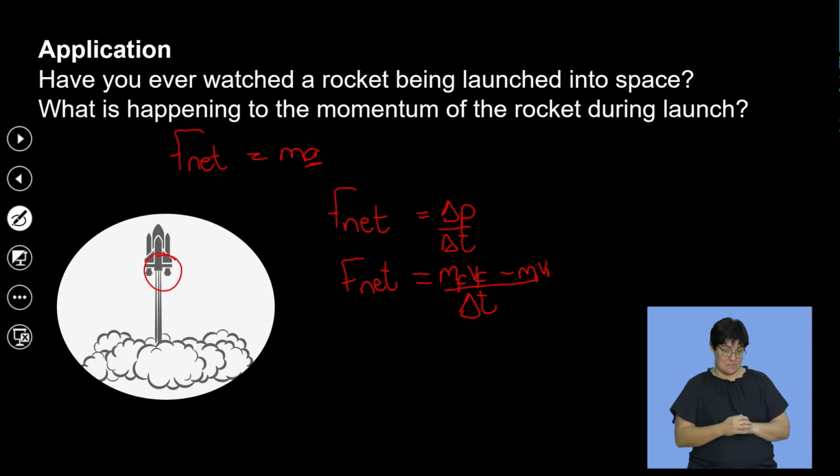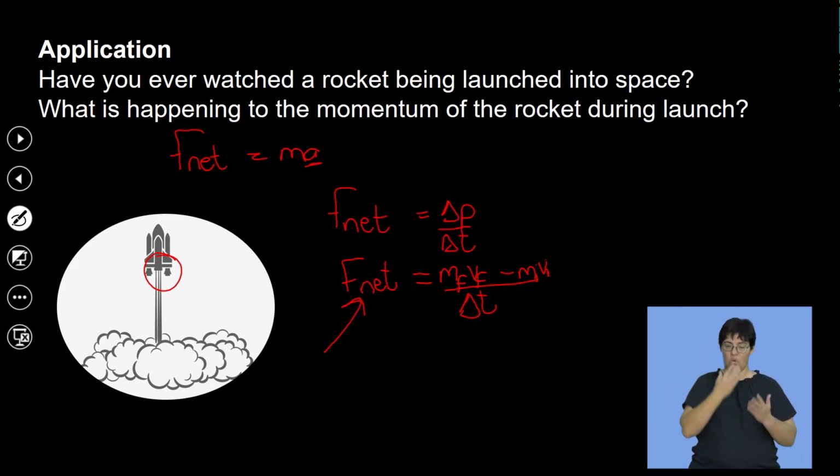And the whole point here is that this net force will remain constant. And as the mass gets smaller, the velocity can get bigger. So it helps it accelerate.